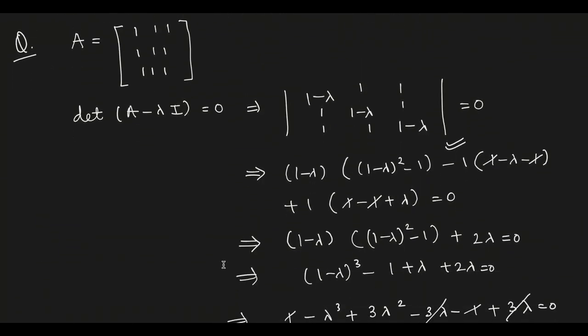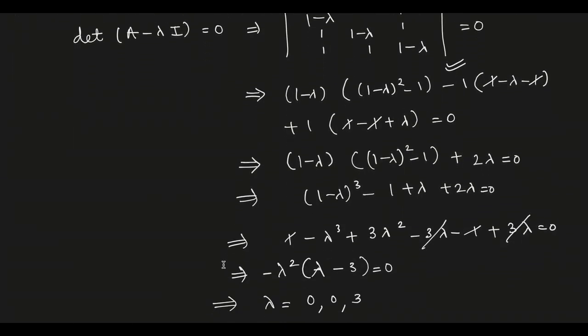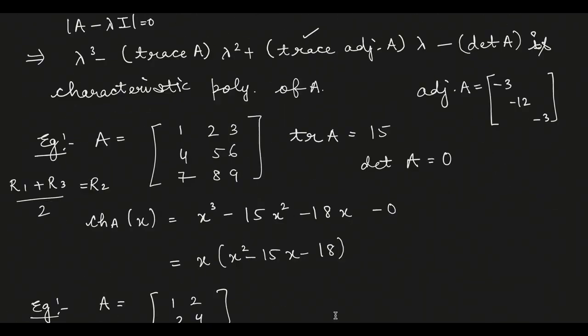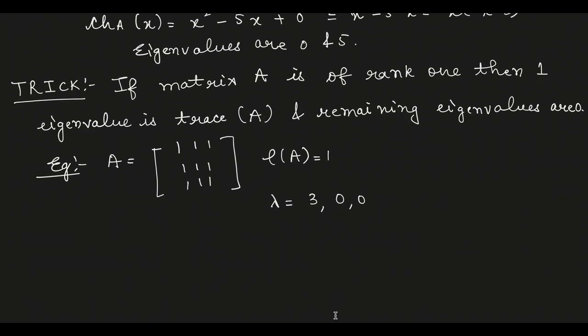And by finding determinant of A minus lambda I equal to 0 also, I got the same eigenvalues. Now tell me what will be the eigenvalues for this.